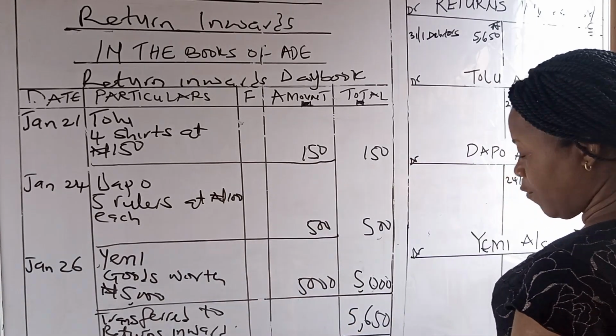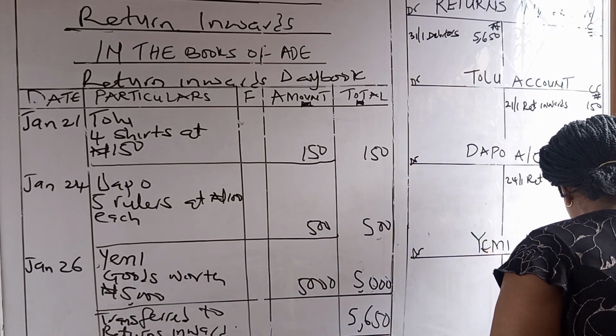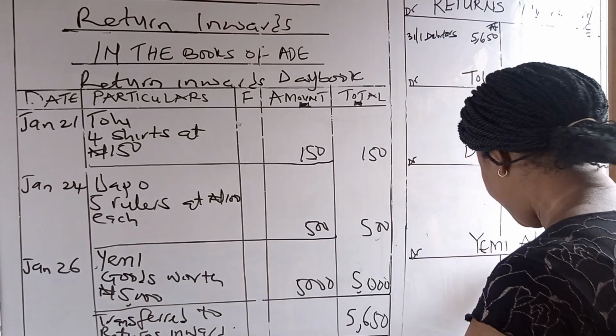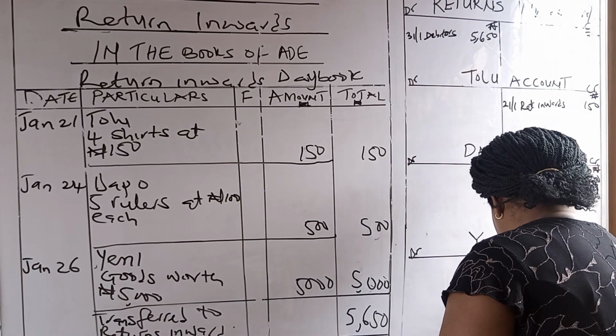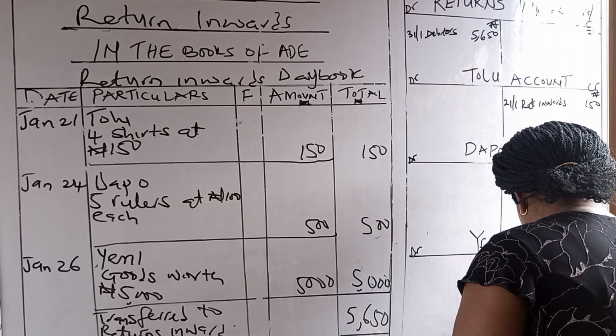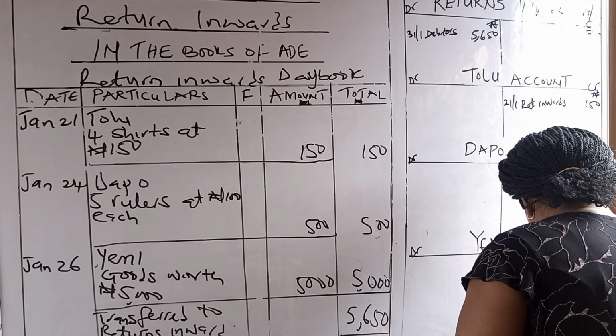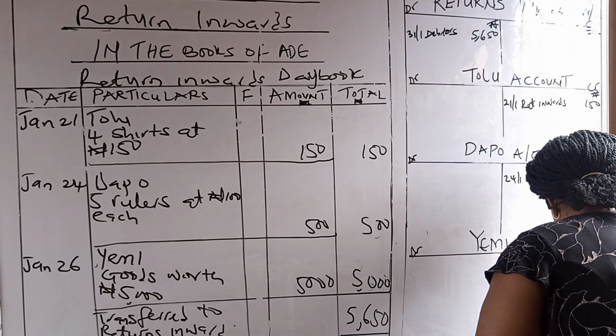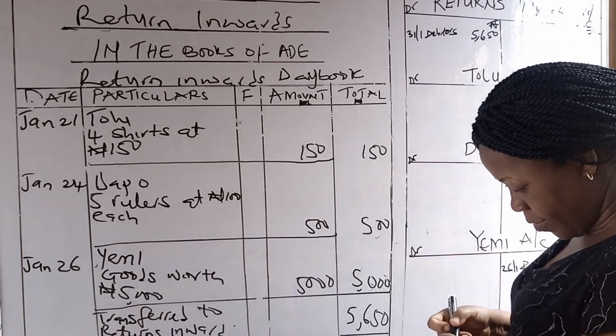The same thing goes for Yemi: 26th of January, return inwards, 5,000 naira.